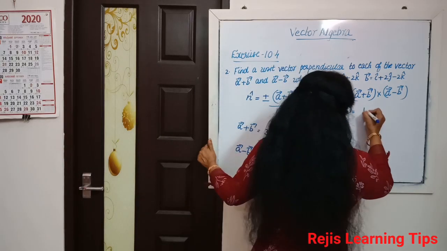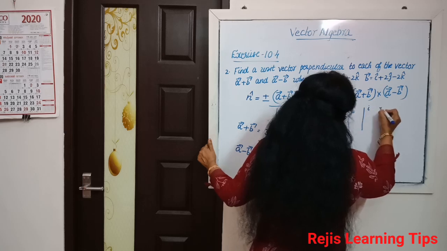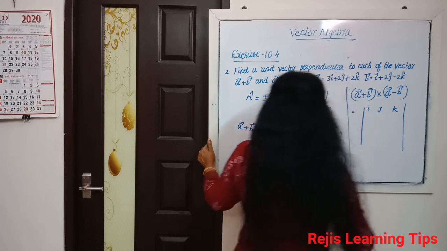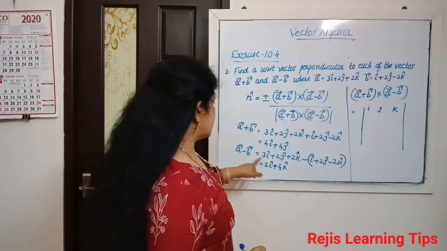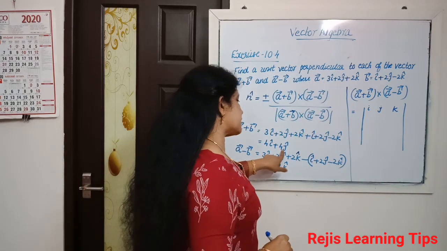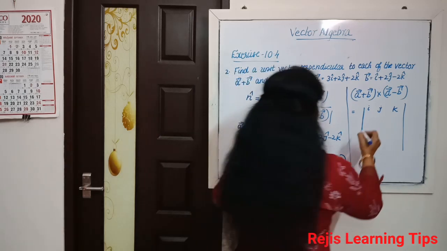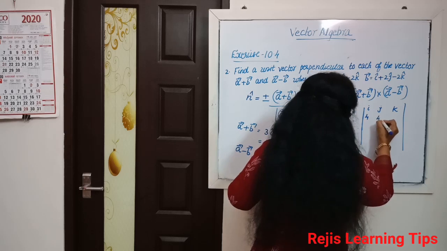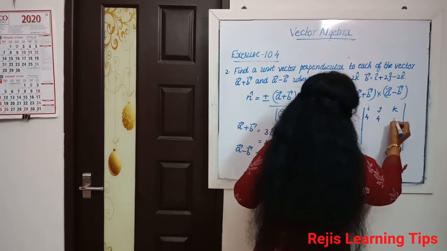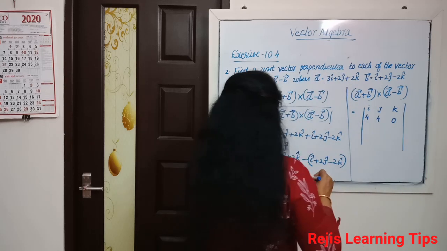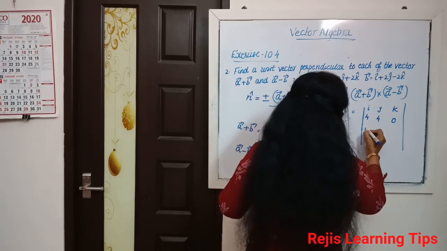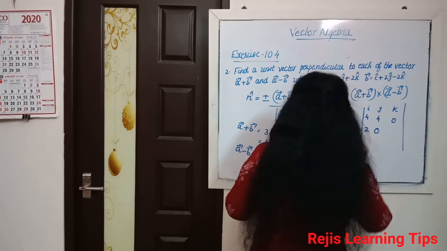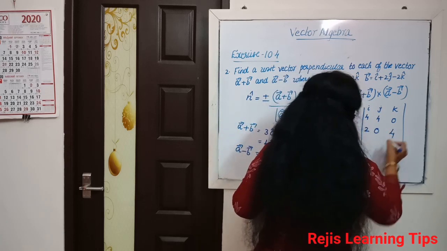Determinant i j k, then we should write 4i plus 4j, coefficient of i that is 4, then j that is 4, then k that is 0. Here j component is not there in a minus b, so we should write 0 there, then we should write 4.